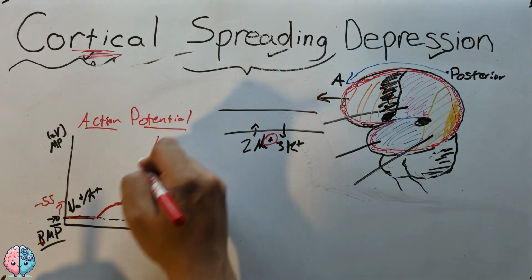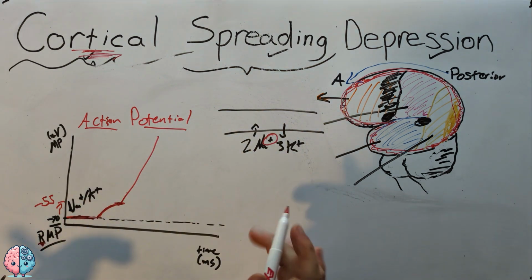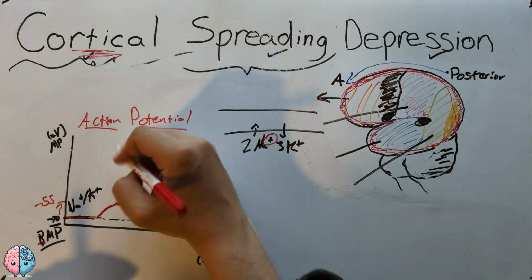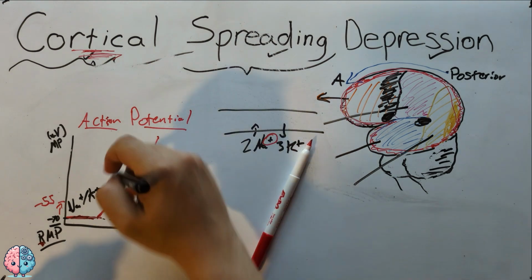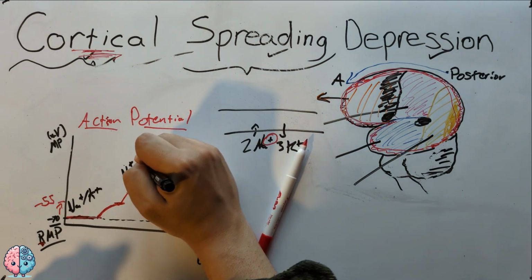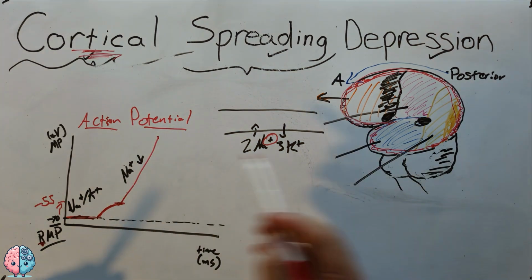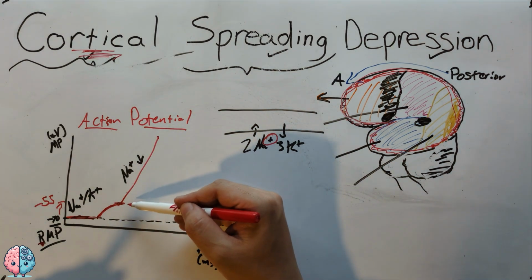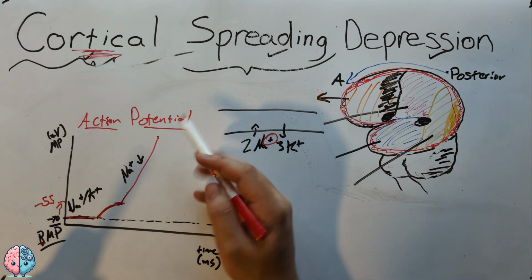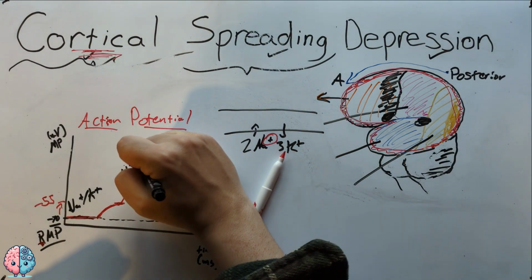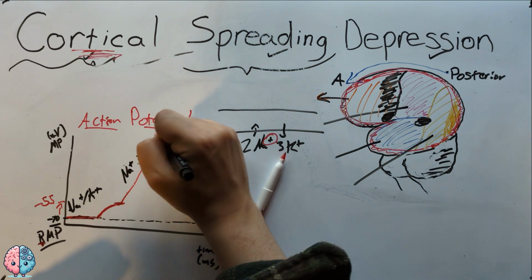All or nothing. So if it doesn't reach the threshold, you have nothing. There's no small response. It goes the entire way. And so this is sodium going in. Don't think of it as decreasing, sodium rushing in, okay? And when it reaches the threshold, voltage-gated sodium channels open. Let's actually change this so it's not confusing and just call it influx. We have sodium influx.